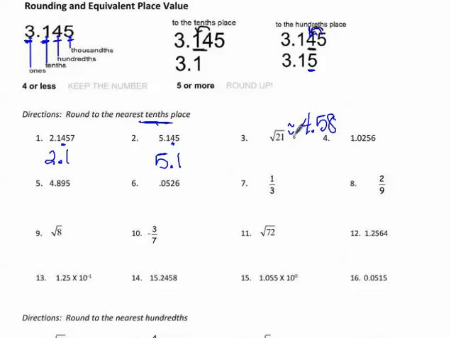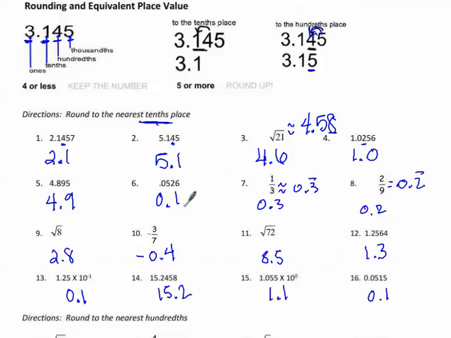You can use a calculator for that. Looking at the 8, it is 5 or more, so I'm going to round the 5 up to a 6. And on number 4, I have a 2 in the hundredths place, so I'm going to keep the tenths place the same. Pause the video and finish 5 through 16.